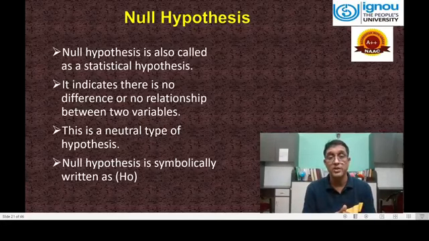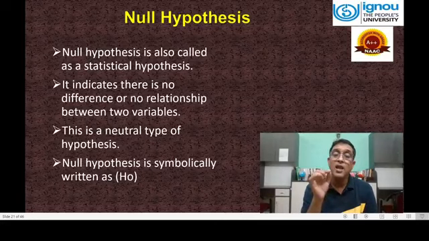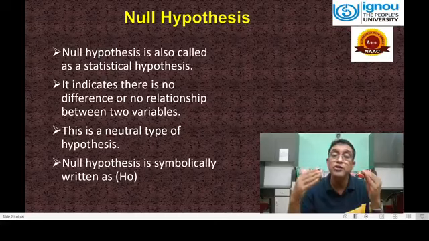between two variables. And friends, where should you state a null hypothesis and where a directional hypothesis? A directional hypothesis can only be stated when there is sufficient reason, when there is sufficient justification.